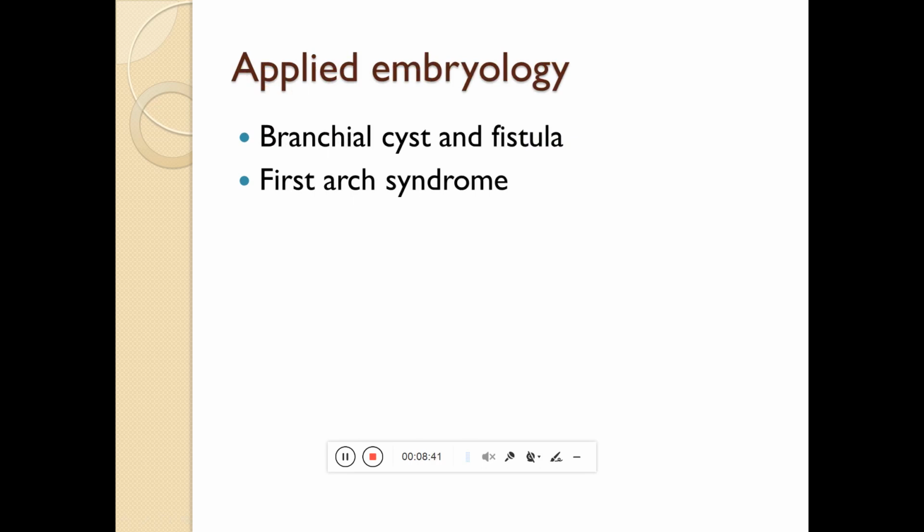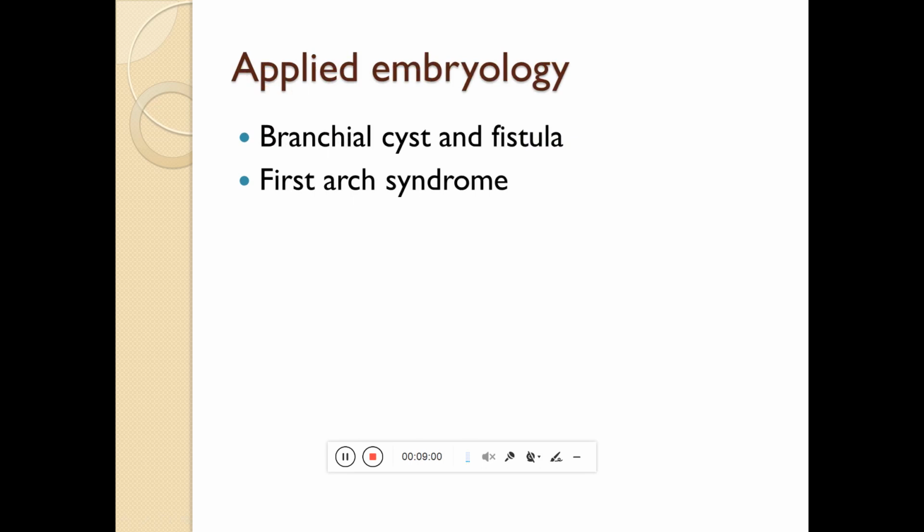Another developmental anomaly is concerned with the first arch: first arch syndrome, most important. Which are the first arch syndromes?